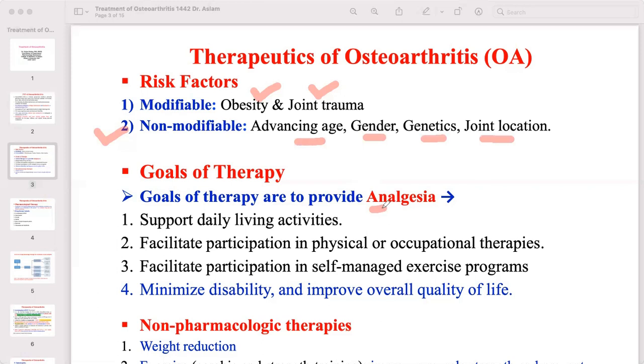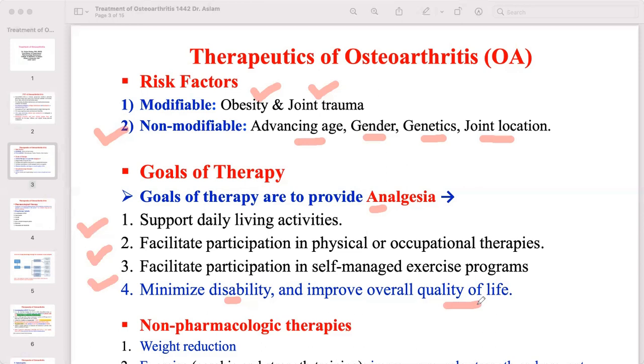So the goal of therapy is to provide analgesia, support daily living activities, facilitate participation in physical or occupational therapies, facilitate participation in self-managed exercise programs, minimize disability, and improve overall quality of life.